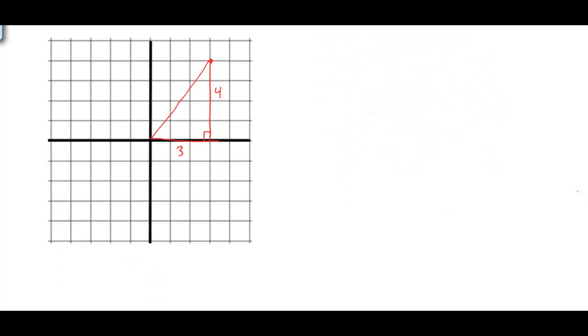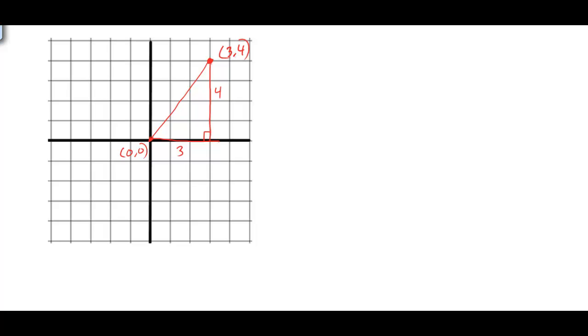All right, our next example, here we're given 3 and 4. And I want to look at here, we're given this point here at the origin, so we know that would be 0, 0. And the point at the very top here of our triangle is 3, 4.